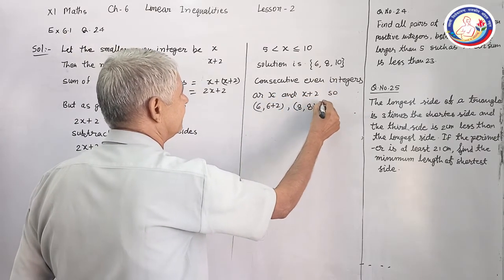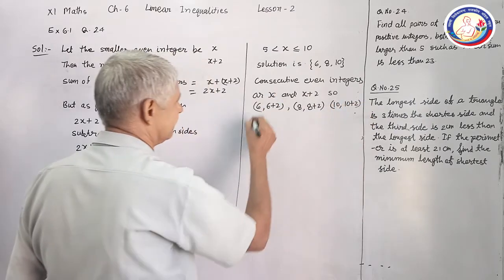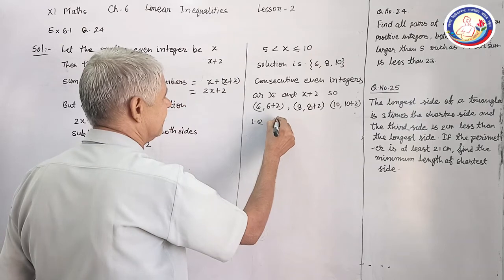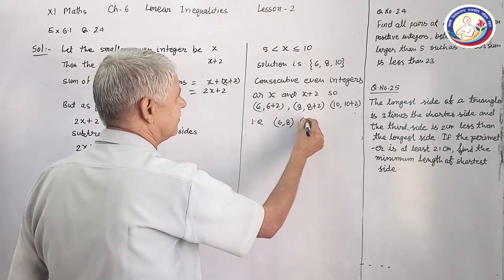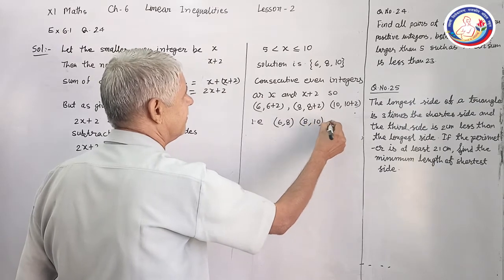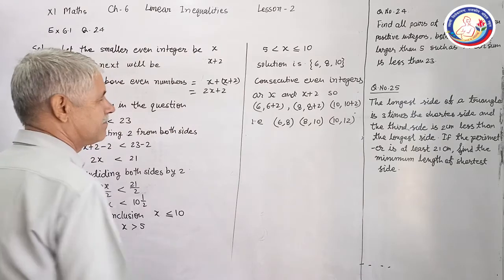The consecutive number will be given by this: 6 and 6 plus 2, 8 and 8 plus 2, 10 and 10 plus 2. That is, 6 and 8 is one pair, 8 and 10 is the second pair, 10 and 12 is the third pair.